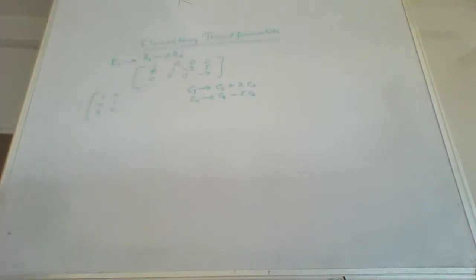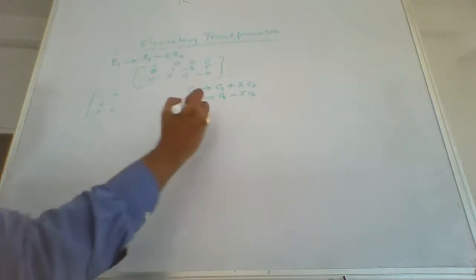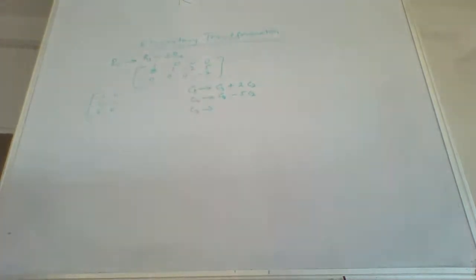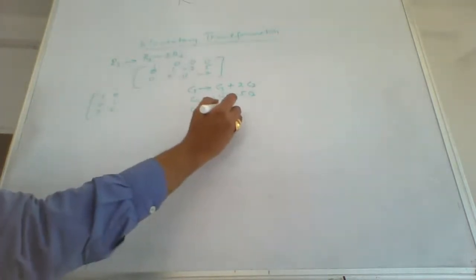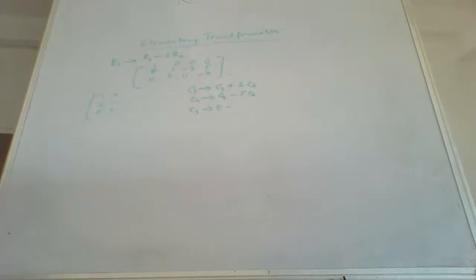Now column 3, which is again 0, plus 2 times column 2, which is 0. So that results in 0. I get 0 for column 3.